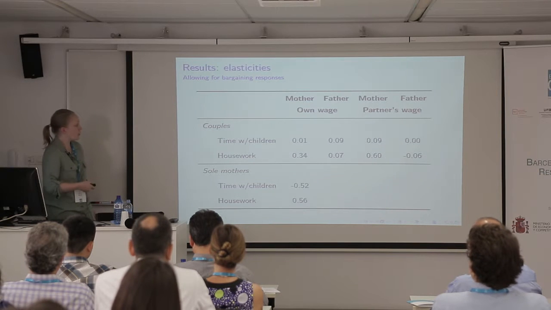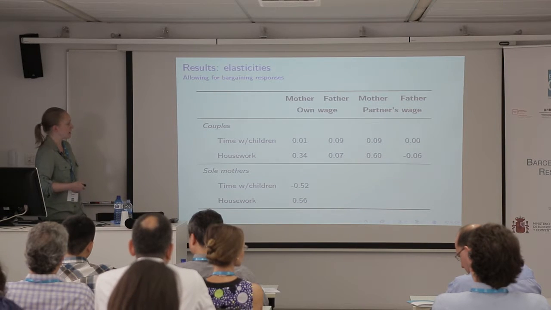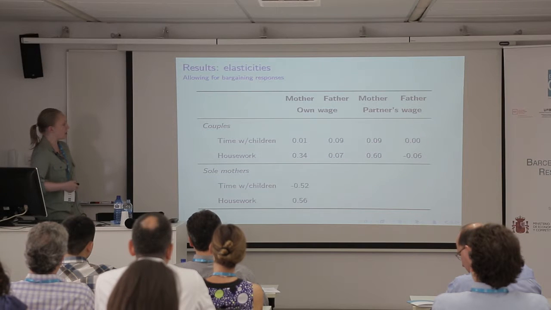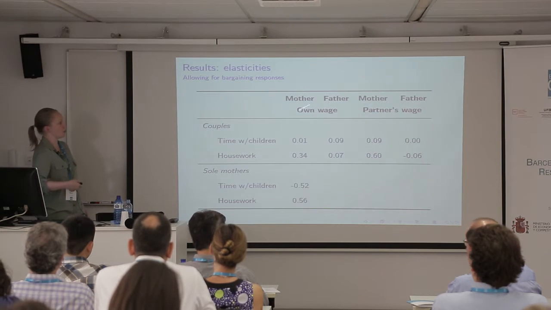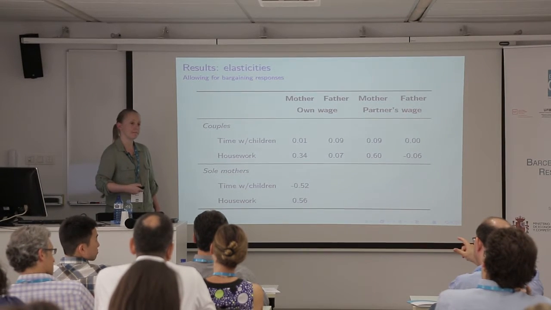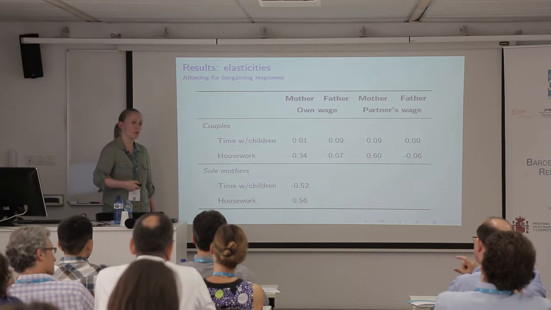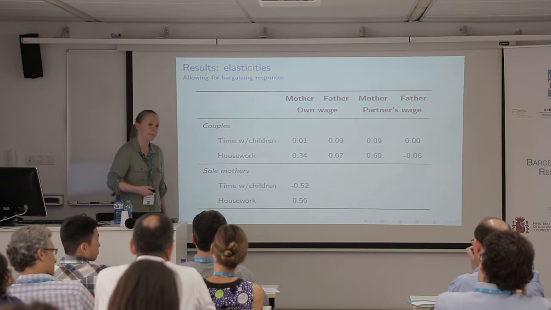Okay, so this is again the bargaining power elasticities, and we can think about how the choices over time with children and housework respond to changes in the mother's and father's wage. And these elasticities are the extensive margin mainly. How should we interpret them? Intensive margin. So why? So you have hours choice continuous?